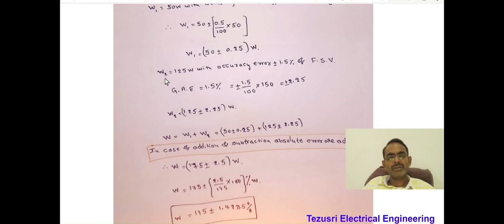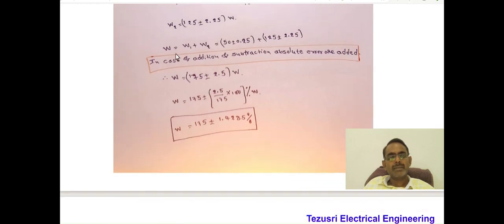Likewise W2 reads 125 watts with accuracy error of plus or minus 1.5% of full scale value. Guaranteed accuracy is 1.5%, equal to plus or minus 1.5 by 100 into full scale, since it is specified in terms of full scale value. Therefore we get plus or minus 2.25 watts. Then W2 is written as 125 plus or minus 2.25 watts.